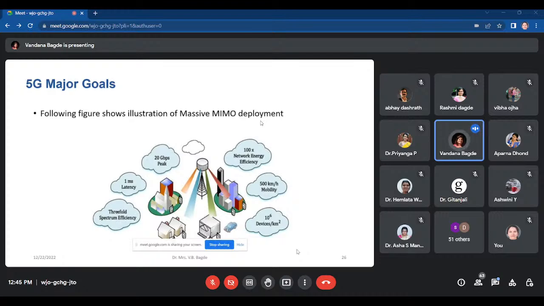We could not detect the signal at our destination with the cell phone. But nowadays it is possible. As soon as you take off, they give you the signal, and now you can restart with your laptop and mobile phones. Earlier it was not. Why? Because at that time the number of antennas was very, very less. But now we have deployed so that we can reach thousands of kilometers.